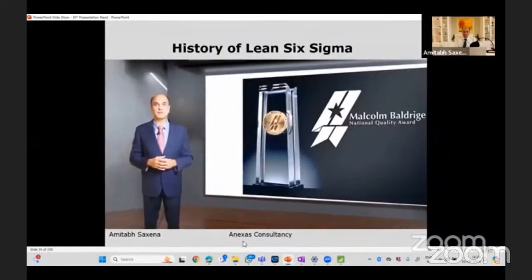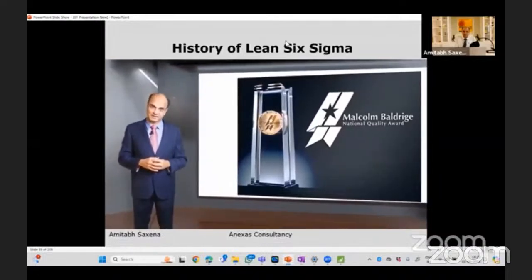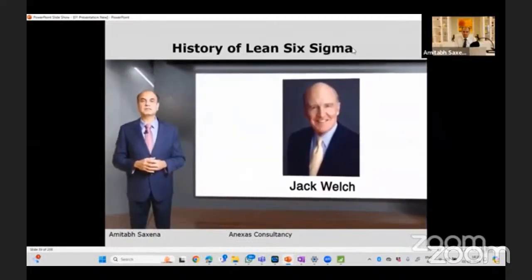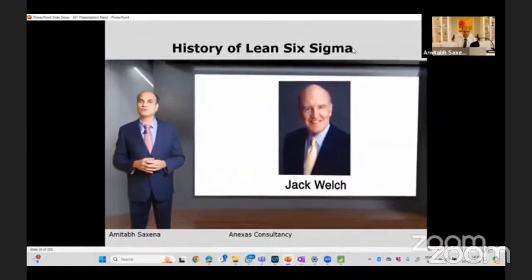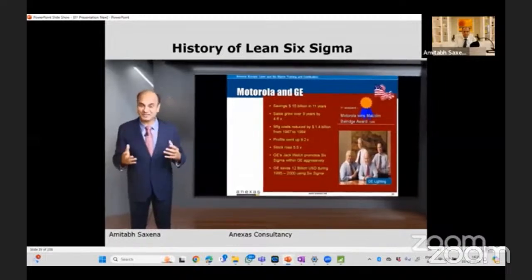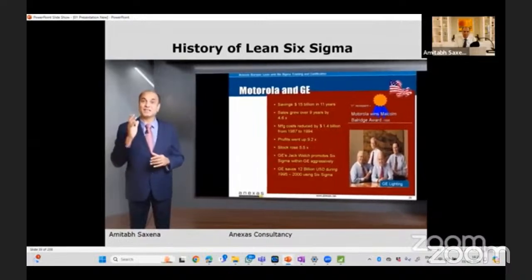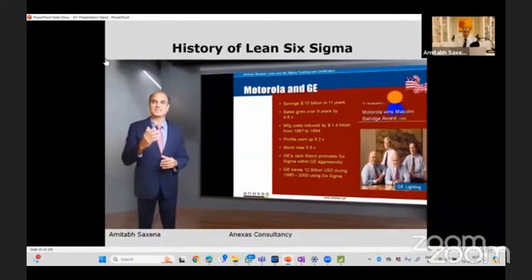Six Sigma brought in a lot of benefits for Motorola, and it also won the Malcolm Baldrige Award in 1988. Jack Welch of GE was so much impressed with this methodology that he told his employees that you would not be promoted if you are not a green belt. So everyone wanted to be a green belt, everyone started doing projects. Then GE started telling their vendors and suppliers that if you want to have business from GE, you need to implement Six Sigma.